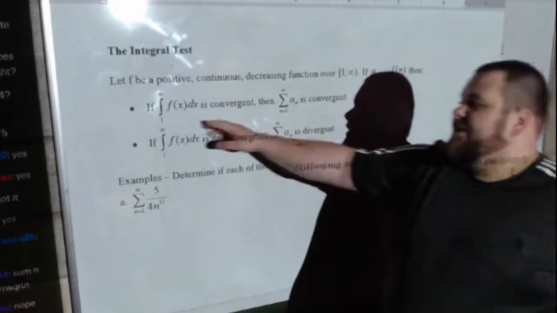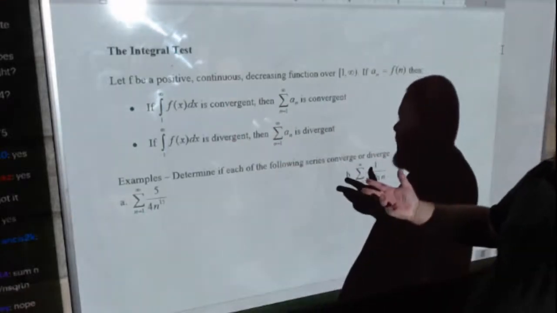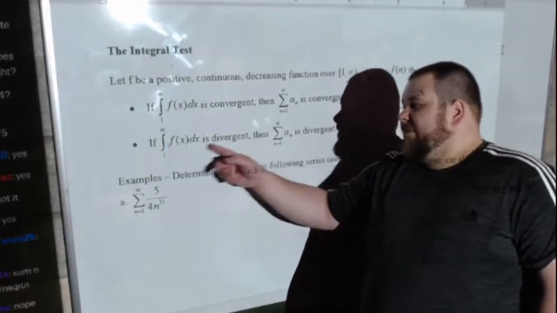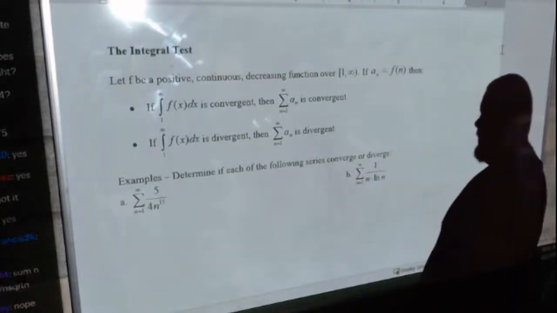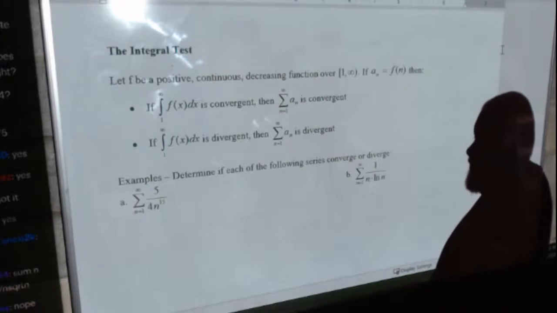Well, what does it mean for an integral to be convergent? Well, that is you get some number out of it. What is it for an integral to be divergent? Get infinity or negative infinity, or just flat out undefined or does not exist, that sort of stuff.